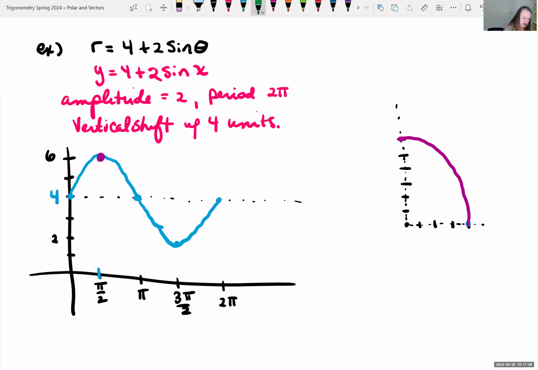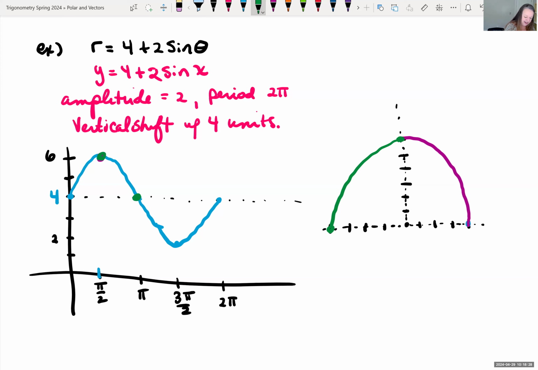And then from pi halves, where I'm at 6, I'm going down to pi, and I'm going to hit a mark of 4. So going to pi, I'm going to go out 4 spots. I'm decreasing until I get to 4. It should be symmetrical across that.